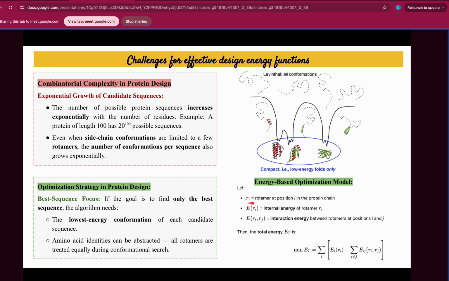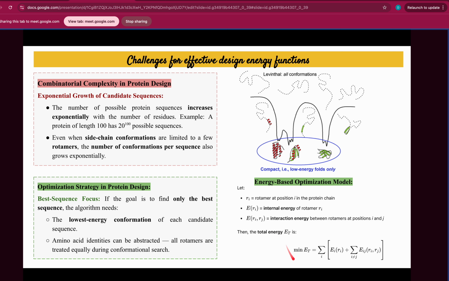For example, if Ri is the rotamer at position I in the protein chain, and E(ri) is the internal energy of rotamer I, because our aim is to find the energy of the entire protein. For one particular amino acid I, we find its internal energy, and that amino acid also interacts with other amino acids, so we find the interaction energy between our residue I and all other residues J.